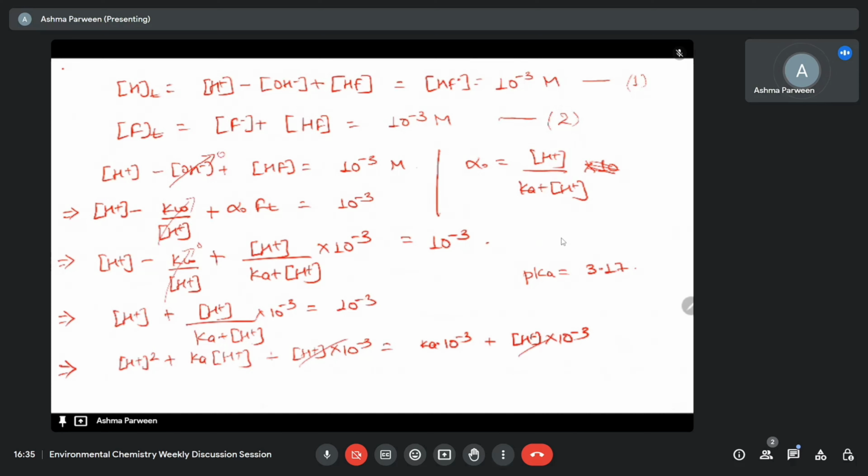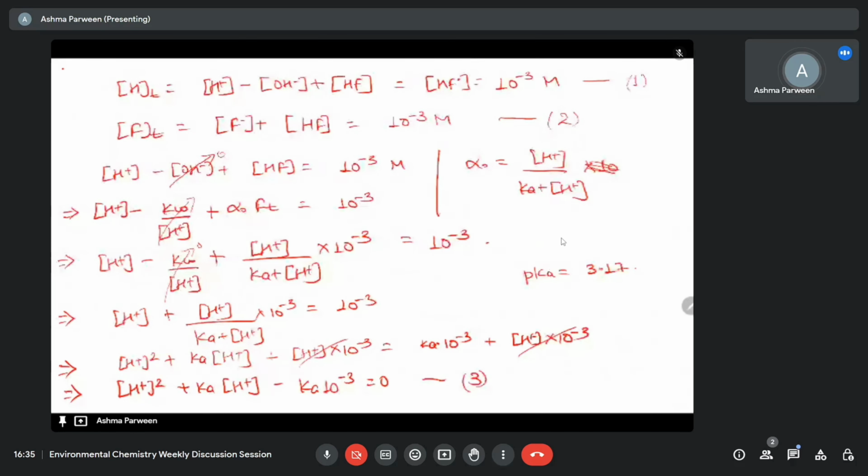So these two terms will cancel, and we will have the final equation as H plus square plus Ka H plus minus Ka 10 raised to minus 3 equals 0. So we can see that it is a quadratic equation.